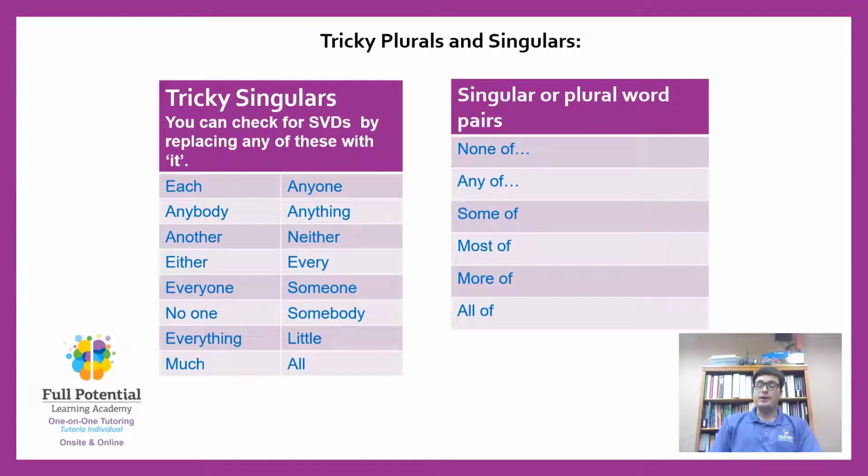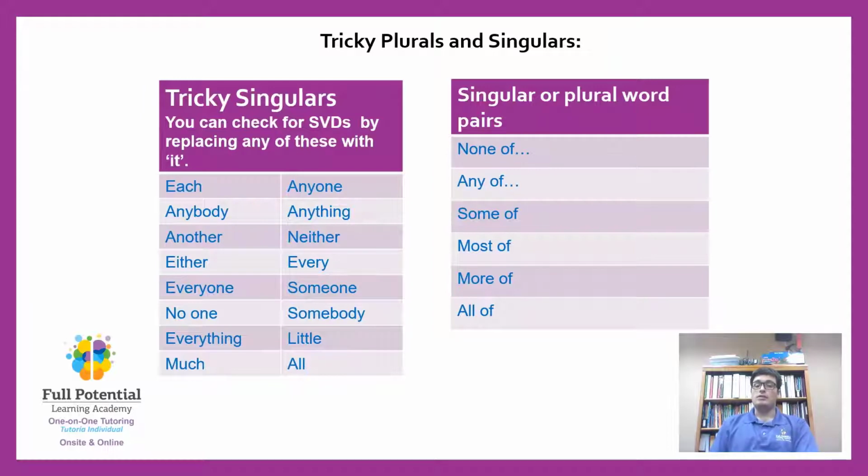Of course, finding subject-verb disagreements won't be so cut and dry all the time. When that happens, you probably ran into a tricky singular or plural. Tricky singulars are subjects that appear not to be the subjects, but are the subject, and are thusly easier to sneak subject-verb disagreements by. Pause the video now and study a list for a moment.